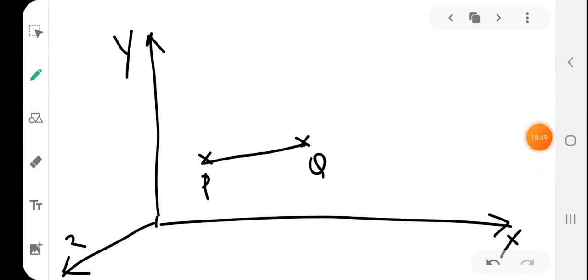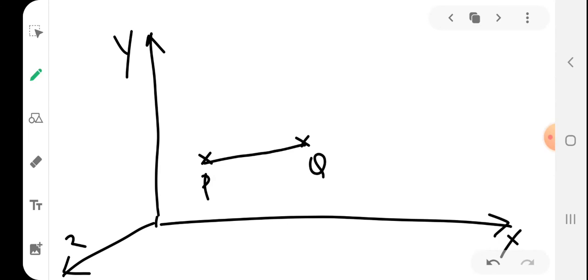Students, now I am taking 2 points in a body. Let P be a point in the body with the coordinates x, y, z. Q be another point with coordinates, you can take, x plus delta x, y plus delta y, z plus delta z.